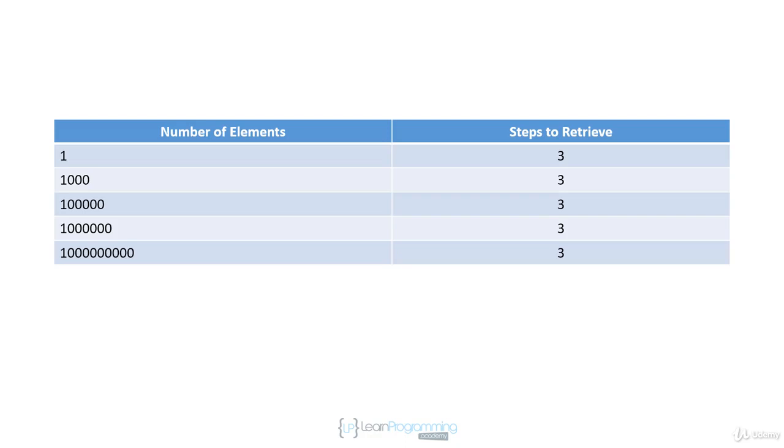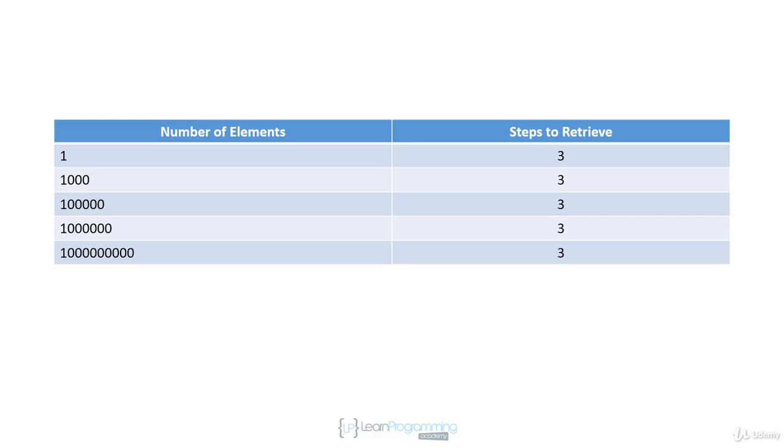But here, when it comes to retrieving an element from an array, when you have an array index, the number of items in the array has absolutely no effect on the number of steps. The number of steps is always going to be constant. And so this has a constant time complexity, which is O of 1.